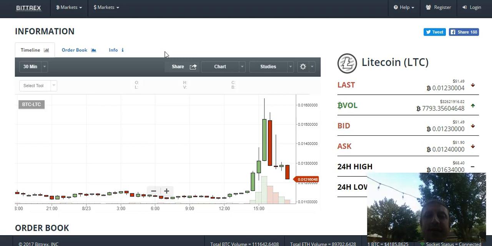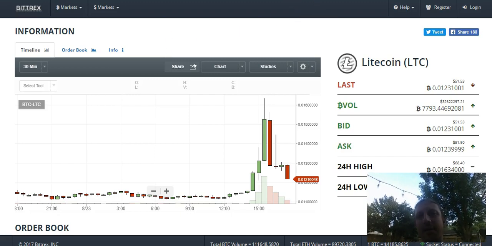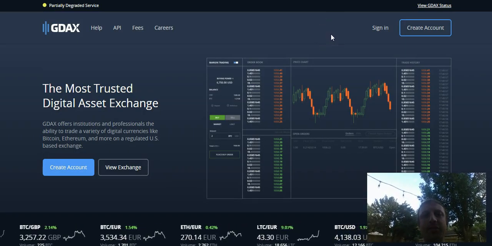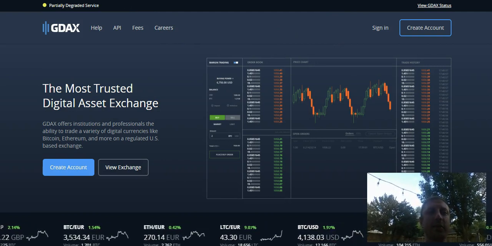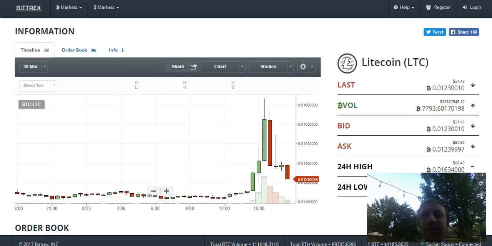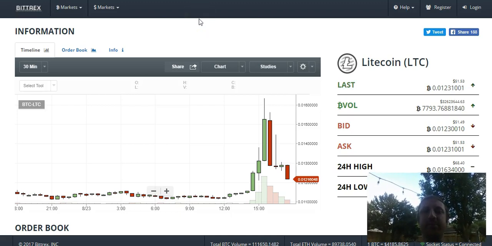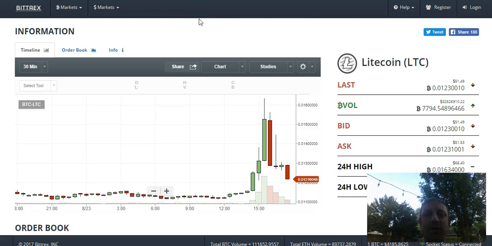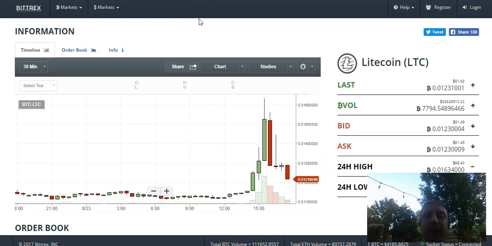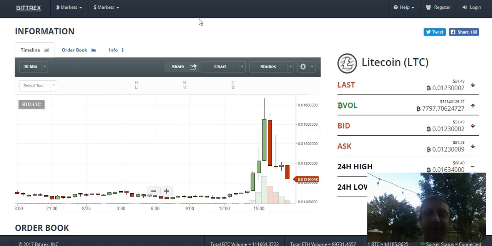So I didn't lose money, but I didn't make as much as I could have on my last trade of the day, because by the time I bought my Litecoin on GDAX and sent it over to Bittrex, I believe it took 11 minutes for 6 confirmations to hit. Even after the 6 confirmations hit, Bittrex held up my money and didn't put it from pending into my account for another minute or two. So basically it went from like $64 to $59. I lost out on about $5.